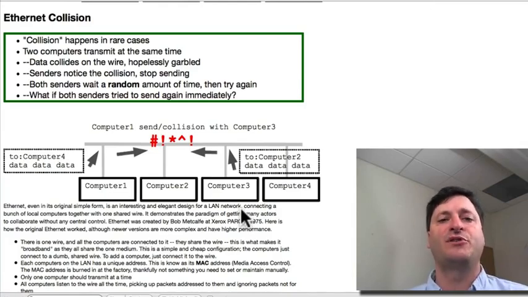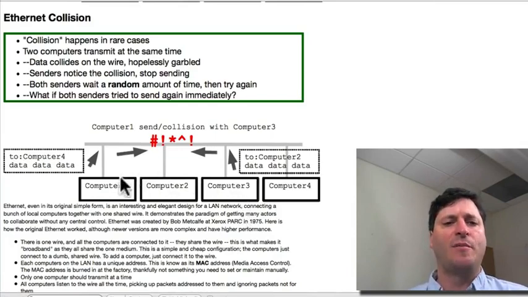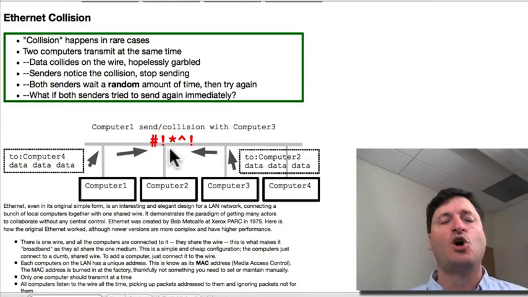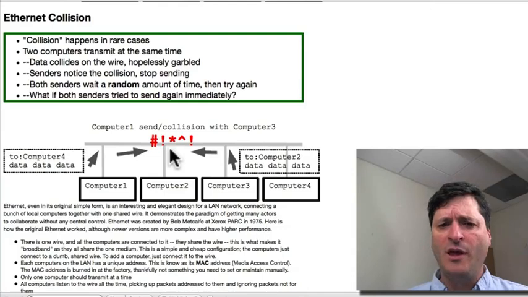And so they will both decide to start sending on our one shared wire. And so what will happen is the wire can't carry multiple conversations at once. And so if they both start transmitting, there's said to be a collision where the two conversations kind of overlap and they overwrite each other, and it eventually just becomes hopelessly garbled. So both packets are basically destroyed and useless by this collision.